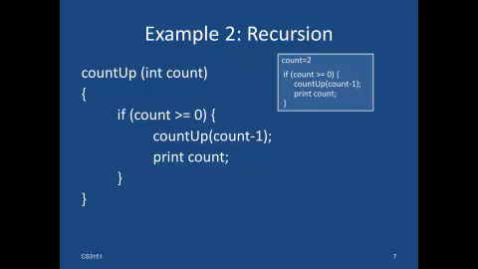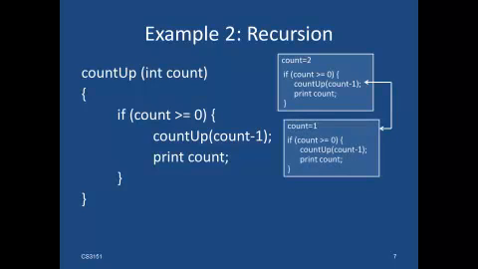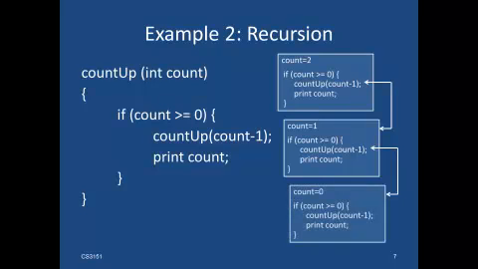When this method call reaches the call to count_up, another fresh copy of count_up is made where count has value 1 now. When the method call to count_up is reached, the value 1 minus 1, that is 0, is passed to the method. So a new copy of this method is made where count is 0.